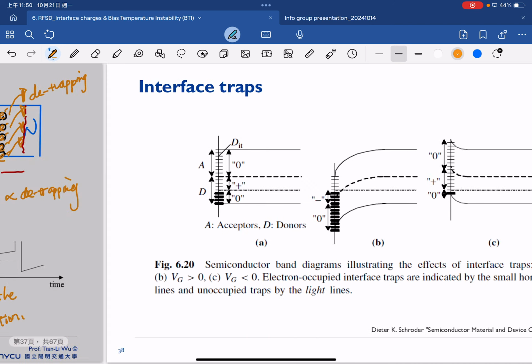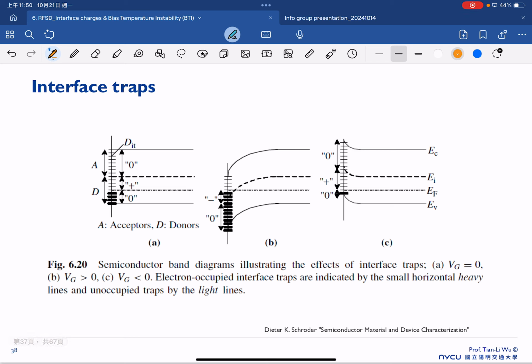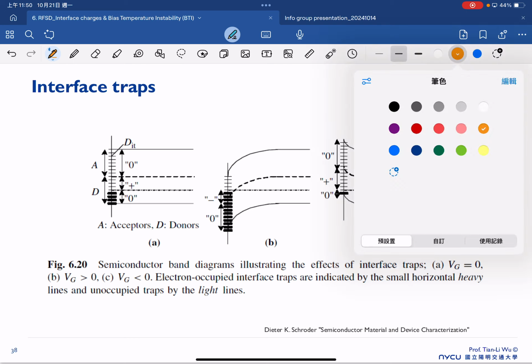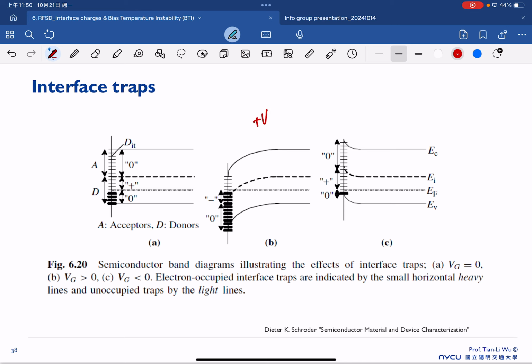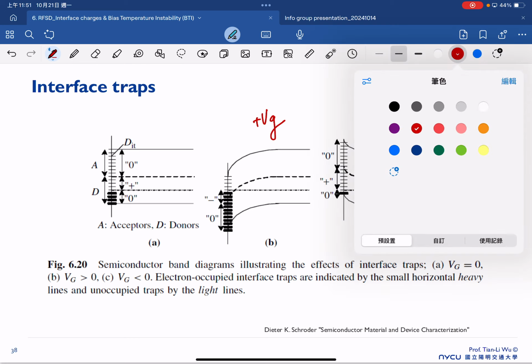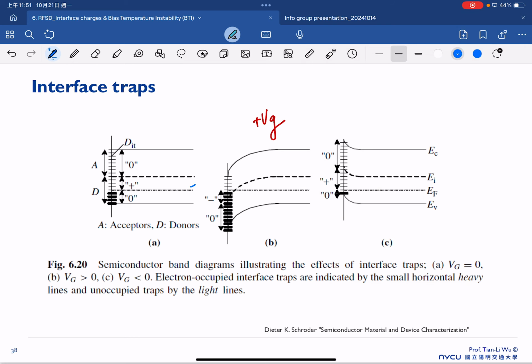Okay. So related to the interface trap, we can also consider giving different biases to induce trapping or detrapping. So this is a bias under the VG, and this is where the Fermi level is. I already showed in the previous slide, we talked about the acceptor and the donor.